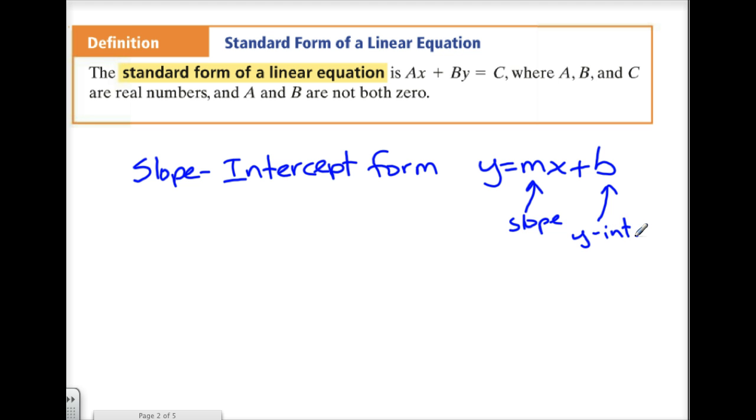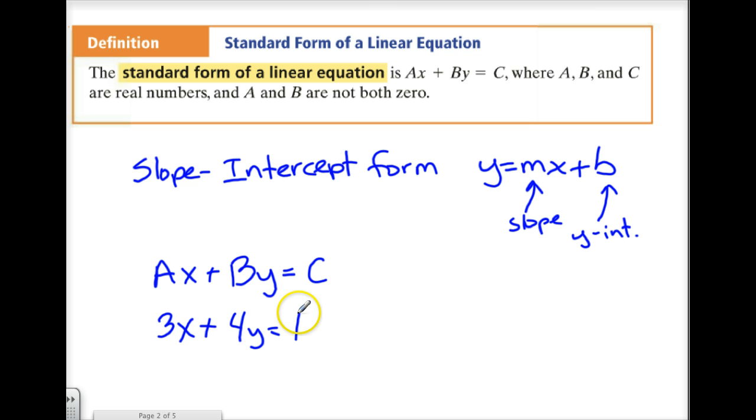But now we're going to talk about the standard form. And standard form is ax plus by equals c, where c is a constant, and a and b are coefficients of x and of y. An example of that would be something like 3x plus 4y equals 10.